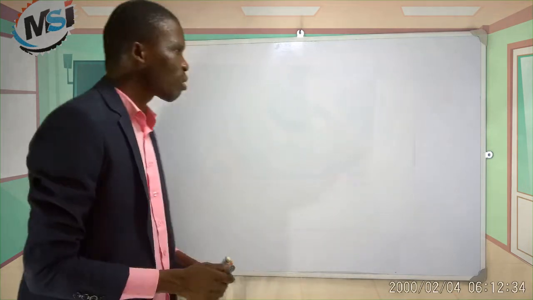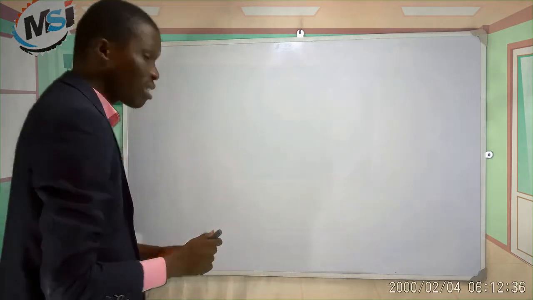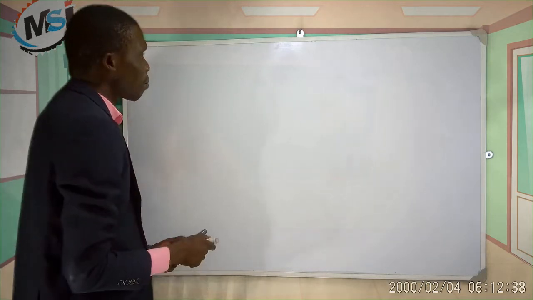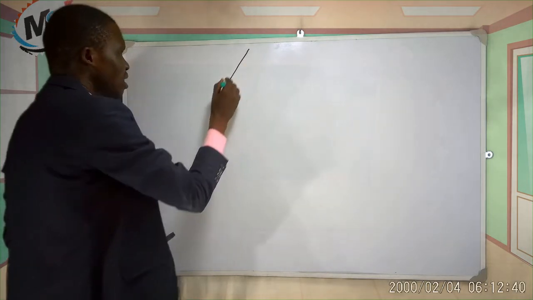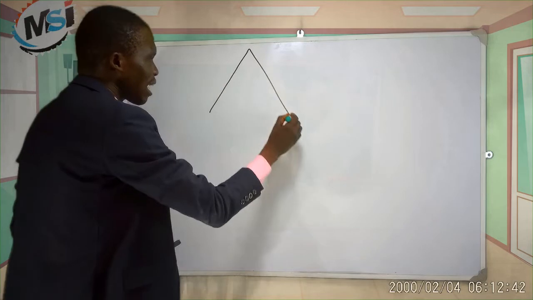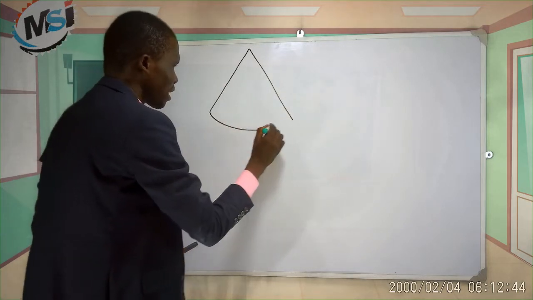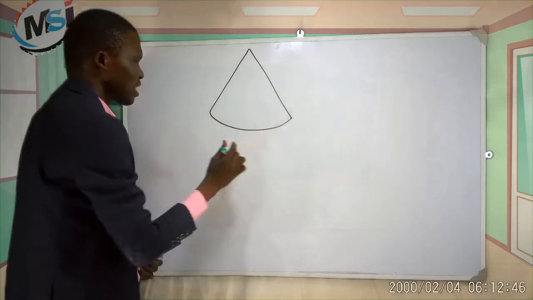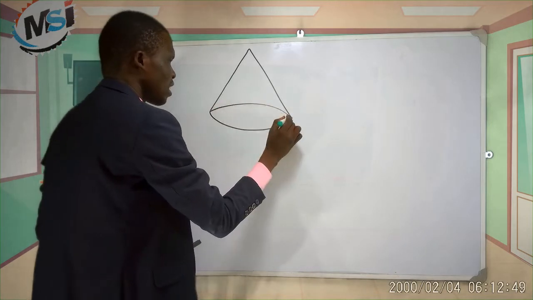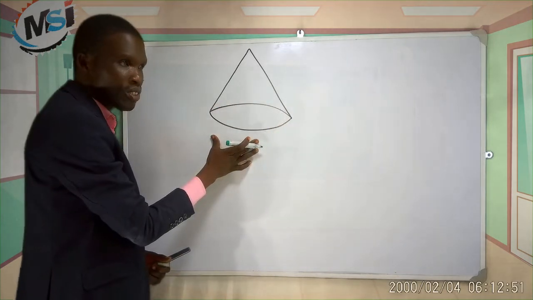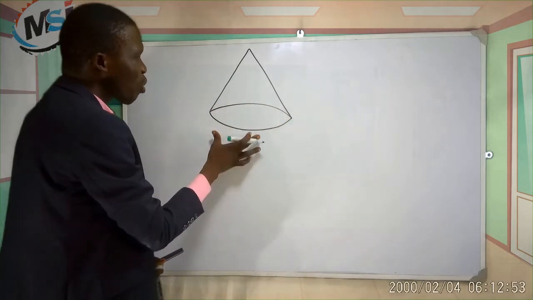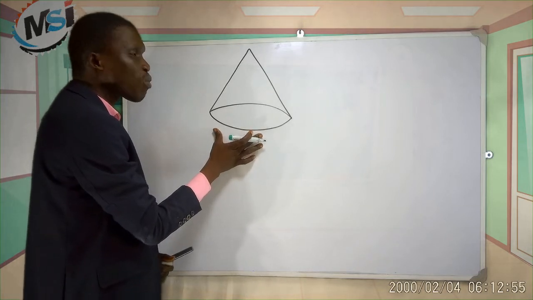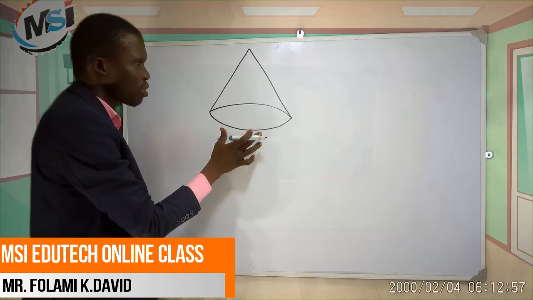Now let's take a look at this question. Let's take a look at this picture. If you look at this, I have this big, right? This is a cone. Now from this cone we can have what we call frustrum.